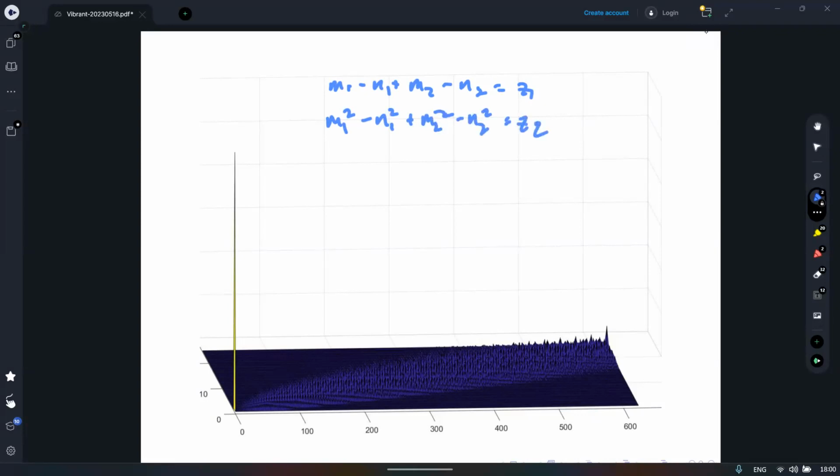So again, when m1, m2 is a permutation of n1, n2, you get that z1 and z2 are 0, and you get a huge number of solutions. But as soon as one of them is non-zero, you get basically what looks like noise, many fewer solutions.